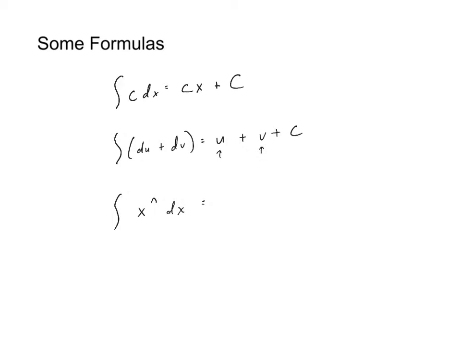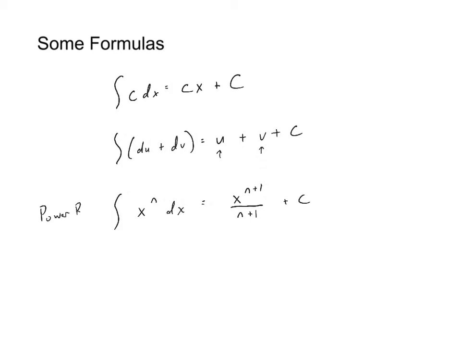So the integral of x to the n is x to the n plus 1. But instead of that exponent coming down in front, as it does with derivatives, it goes down into the denominator, divided by n plus 1. And then we tack on our plus c.